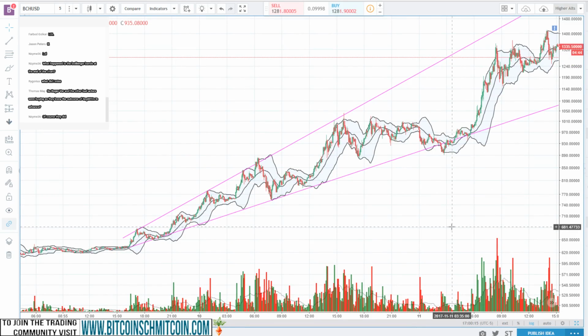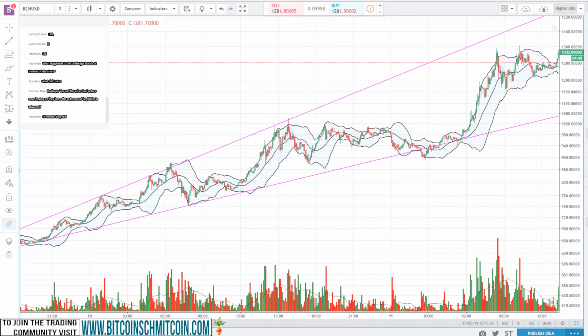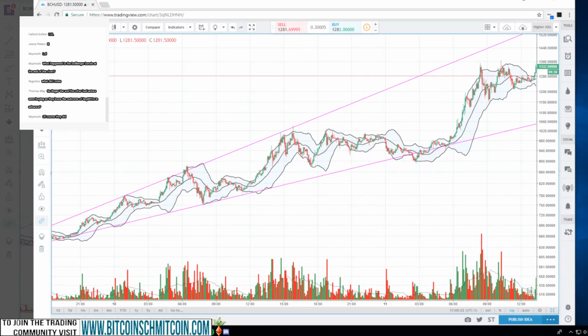I think we were right here when I finished the stream. And I said, this thing looks like it's double topping on the Bollinger Bands, and we're likely to see a retracement to the macro 38%. So if you play the macro 38%, you had a very nice entry for this run here.